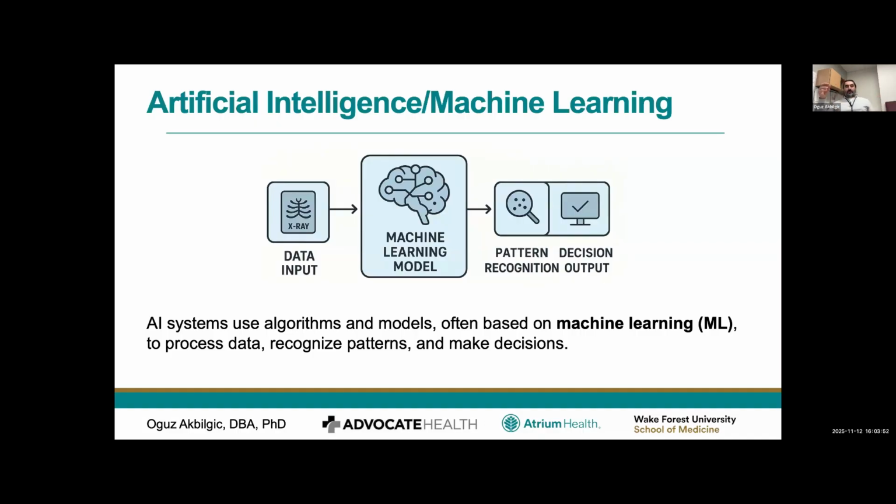And when we want to do all this within artificial intelligence, we use machine learning as a core within AI systems to help us process the input and turn it into results that can be translated into meaningful information.